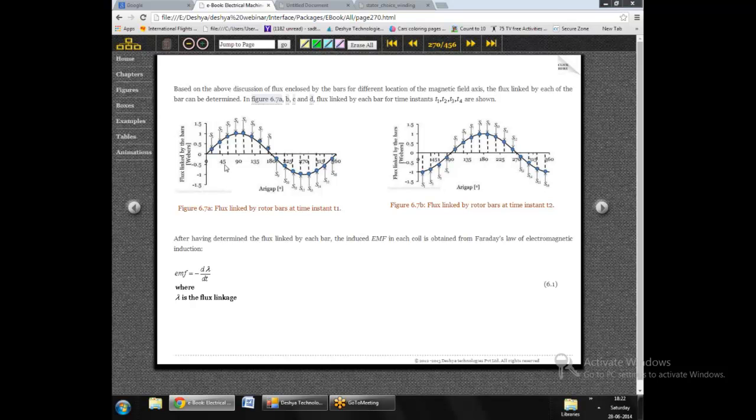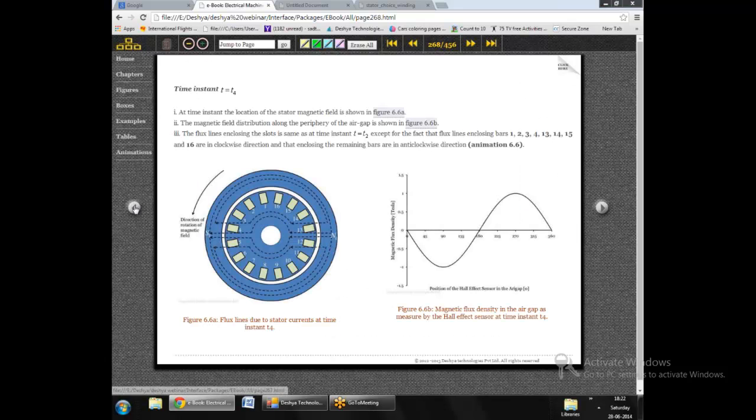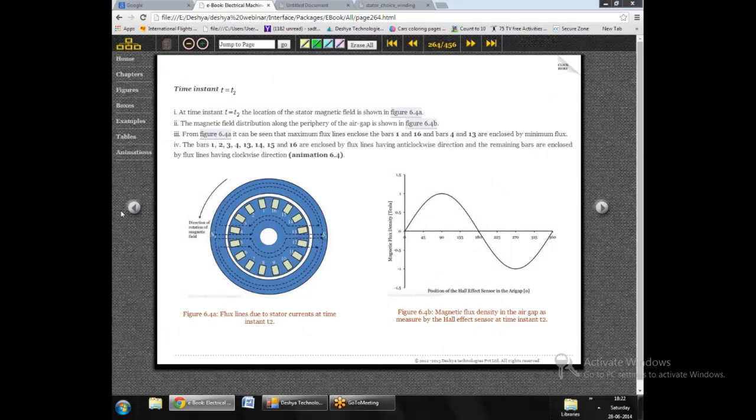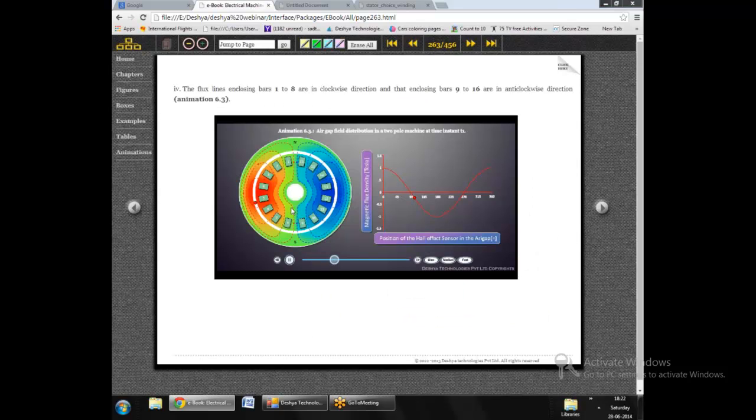And here we can see how the flux is linked by each of the bars. To understand, this figure shows the flux linked by different bars at time instant t1, and one can go back to the animation which was for time instant t1, which is this over here. If we see over here, these are bars 4 and 5.